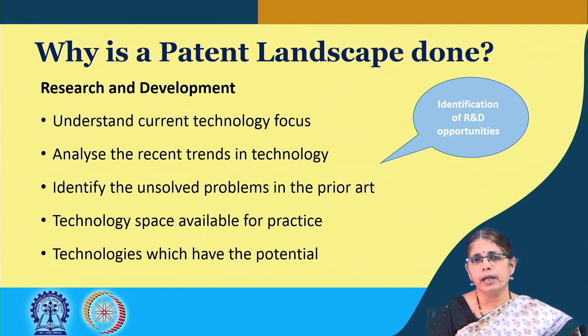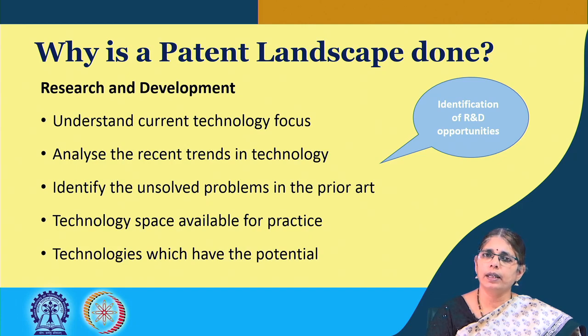For instance, in a landscape you would find certain objects which are closer to each other, which means there is clustering of that particular set of technologies. So it also helps us to assess the richness of a particular area in relation to patents.